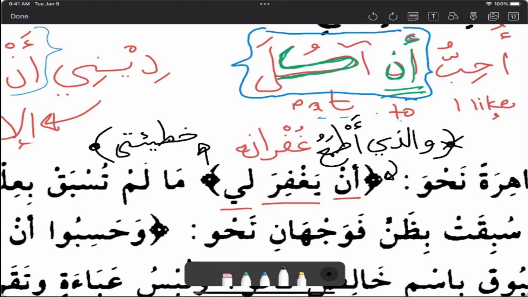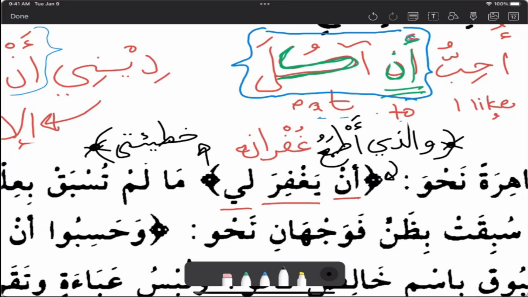We'll stop it there though. والذي أطمع أن يغفر لي خطيئتي. So you see how that's going, inshallah. And he is the one that I hope أطمع أن يغفر لي, that he forgives me خطيئتي, my sin.